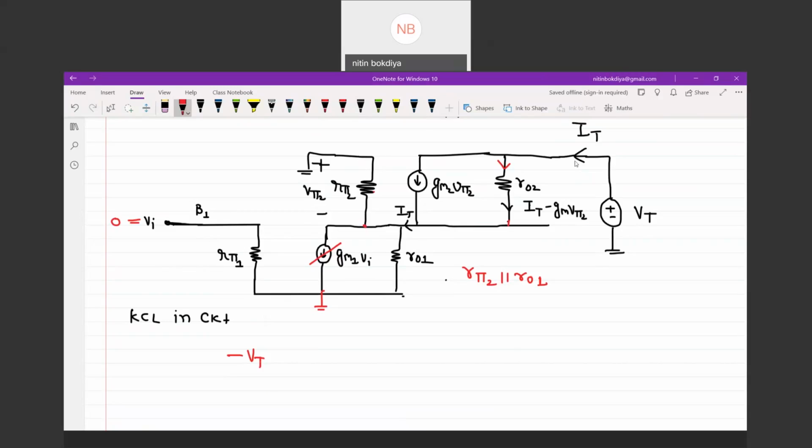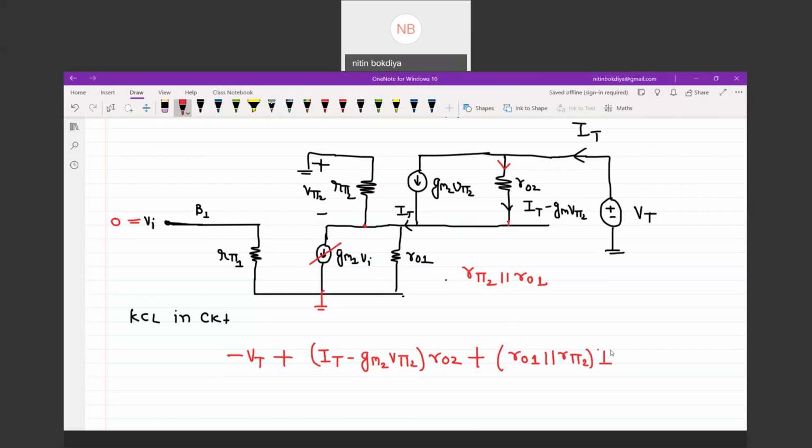minus VT plus we have one more potential, which is IT minus GM2 into V pi 2 multiplied by R02, plus one more potential, R01 in parallel with R pi 2, multiplied by IT.